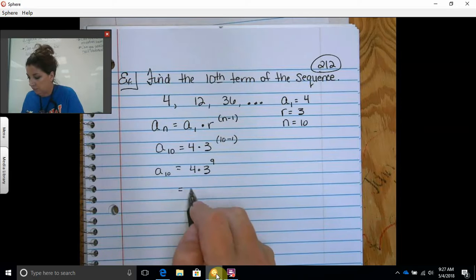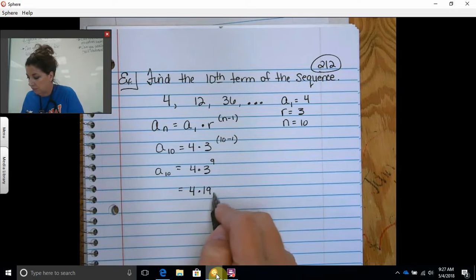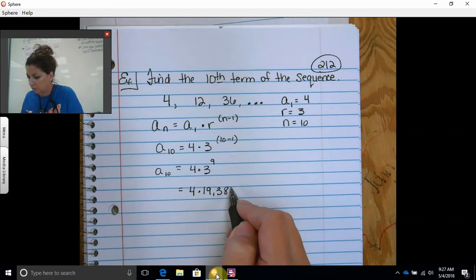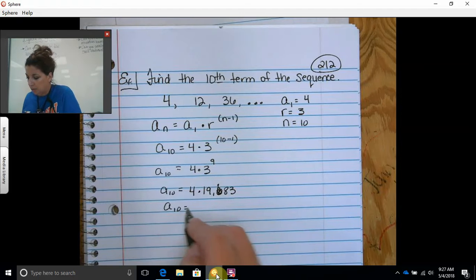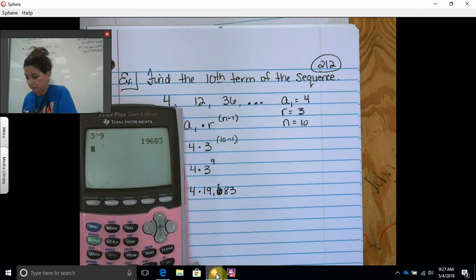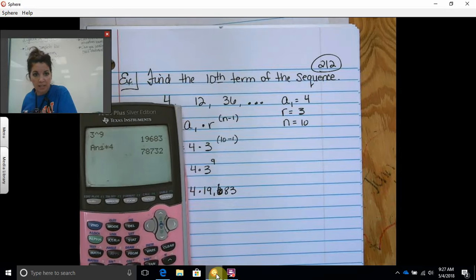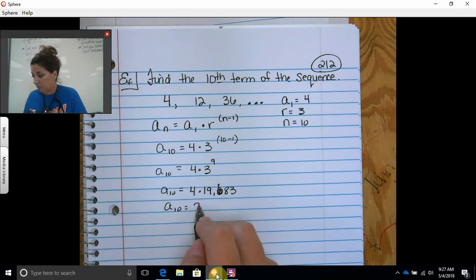So 3 raised up to the 9th power is 19,683. And then multiply those together. And the final answer is 78,732.